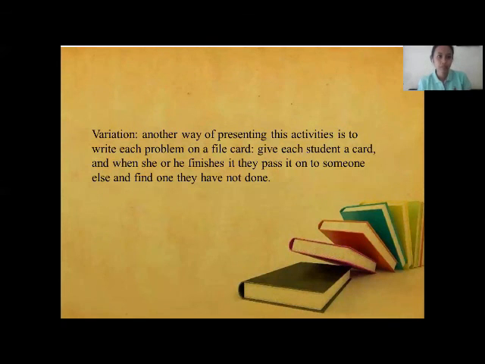And then, actually, we can use another variation for teaching this. Another way of presenting this activity is to write each problem on a file card. Give each student a card, and when they finish, they pass it on to someone else and find one they have not done.